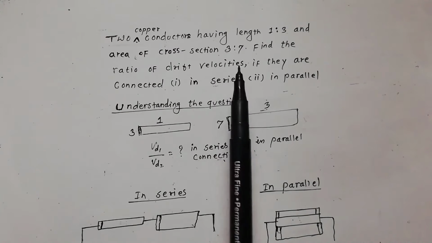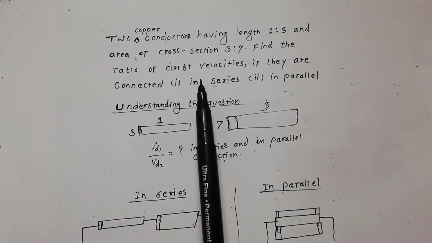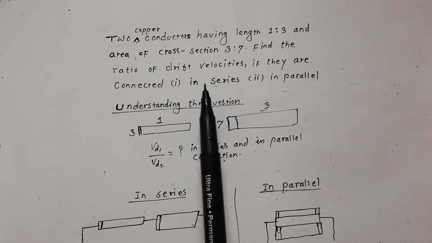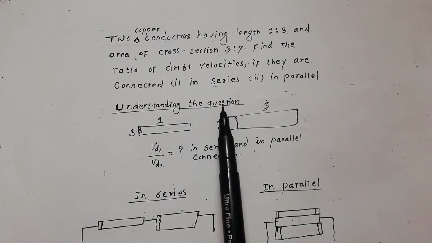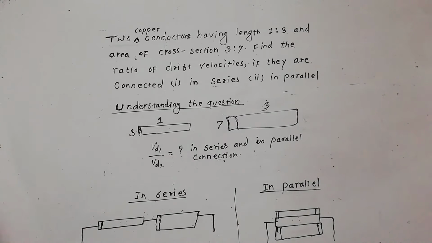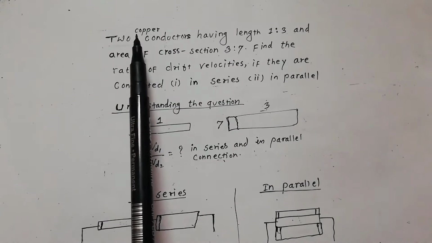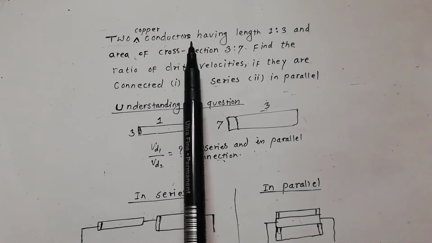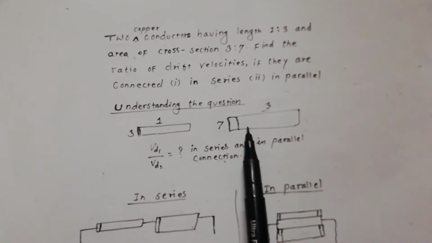So today we are going to solve this type of numericals on the basis of what we have discussed in the previous lecture. First we try to understand the questions. In the questions we are given two copper conductors. That means I suppose this is 1 and this is 2.